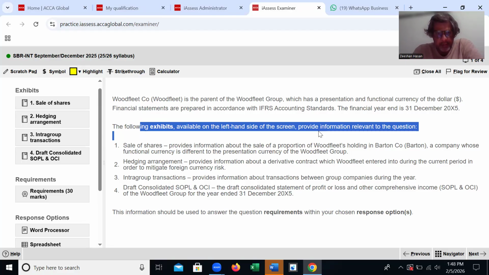Intra-group transactions provides information about the transactions between group companies during the year. Draft consolidated SOPL and OCI is the statement of profit or loss and other comprehensive income of the Woodfleet Group for the year ended 31st December X5. The information should be used to answer the question requirements within your chosen response options. So far, so good.